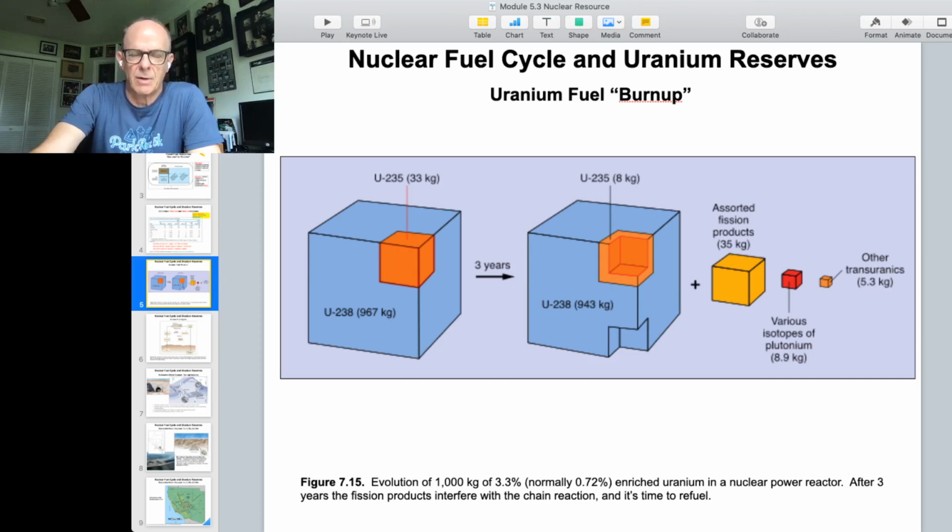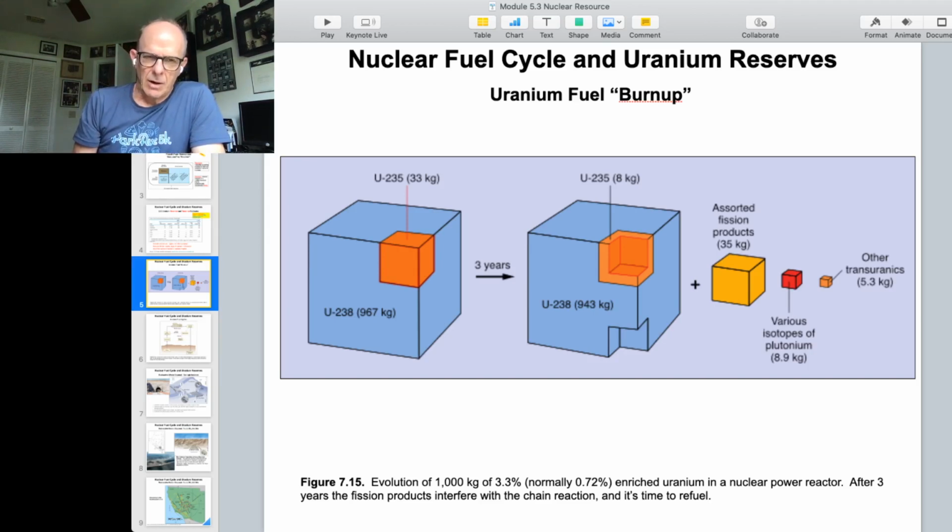And uranium-235 is the isotope of uranium that we use in the reactor to go through this chain reaction. We add a neutron, it becomes uranium-236, 236 splits and produces additional neutrons, which then go on and hit other uranium-235 nuclei, which split, producing more neutrons, and so on.